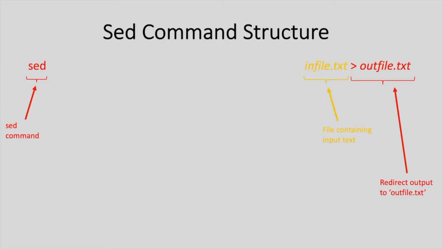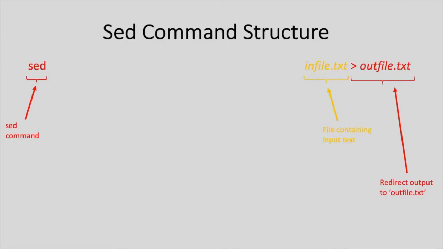That file name will be the last part of the sed expression, again, keeping in mind that the redirection isn't technically part of the sed expression. So we start with sed, and we generally end with a file name that provides the input, the greater than symbol to redirect sed's output, and then the name of a new file to write the output to.